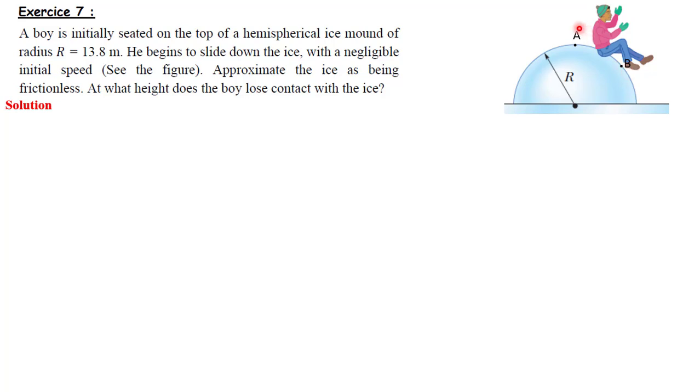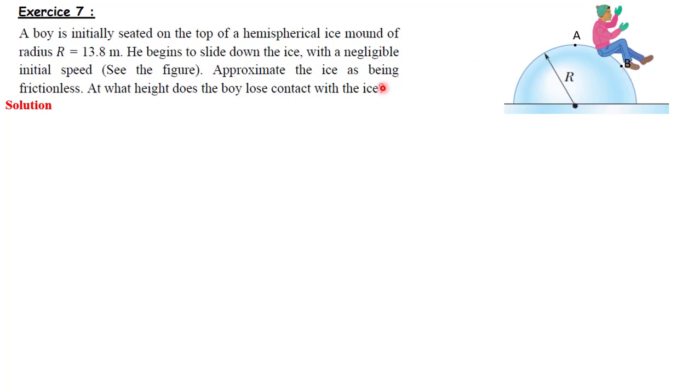So A designates the initial point, the starting point, and B designates the final position of the boy on the sphere where he will lose contact with the ice. So when we say a boy loses contact with the ice, this means that we don't have anymore any normal reaction.